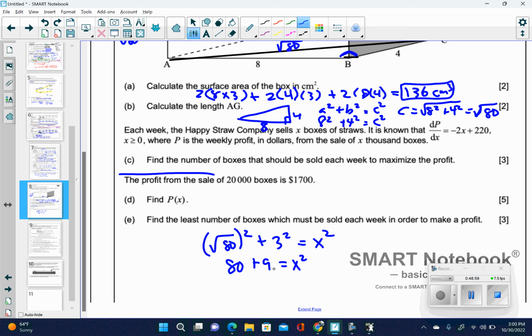So we have to take the square root of 89, which is equal to x, and if you plug that into the calculator, you're going to get x equals 9.43. So that is AG. AG is equal to 9.43. Units are centimeters.